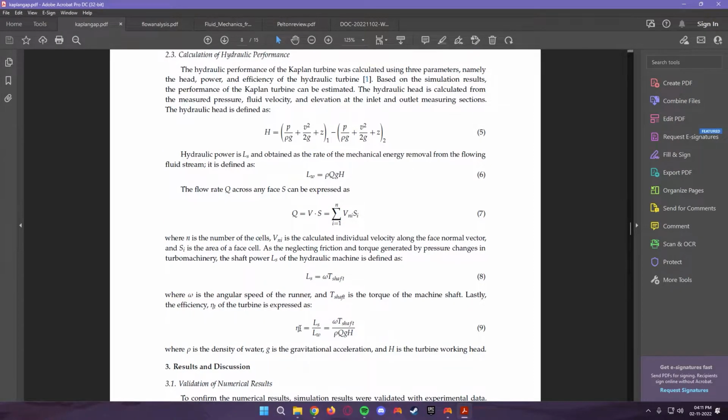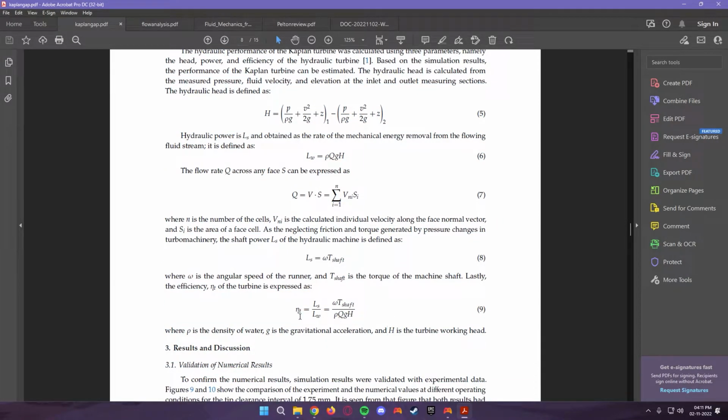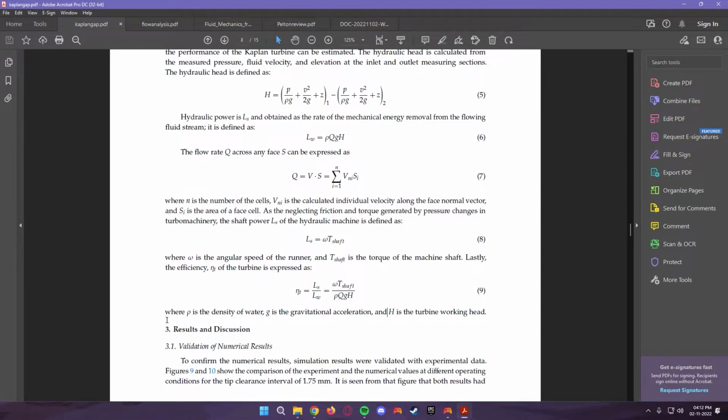And finally the efficiency of the turbine was expressed as this, the ninth equation, which is omega T shaft upon rho Q G H, where rho is the density of water, G is gravitational acceleration, and H is the turbine working head.